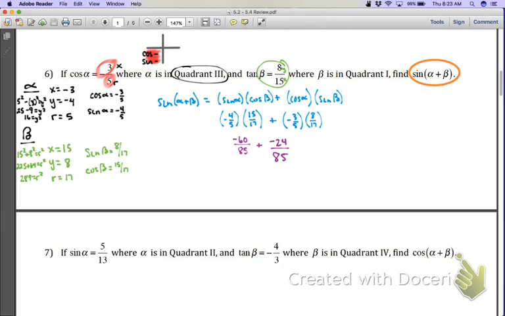The reason why I don't want to simplify here is because I'm going to guarantee myself that I have denominators that are the same. So I don't want to change that because I'm going to have to change it right back. So then I'm really just going to have negative 60 plus negative 24, which is going to give me negative 84 over 85.